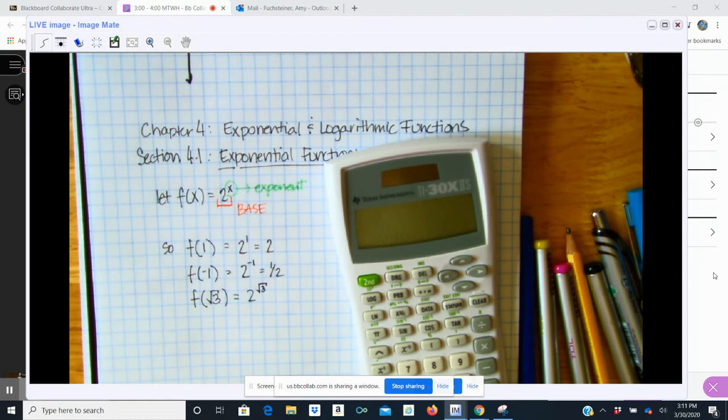Right. There is an answer here. You can do 2 to the square root of 3. But the problem is, it's not tangible for most of us, right? It's not like a 2 or a 1/2. We have this sort of instinct that it's going to get to be some number.